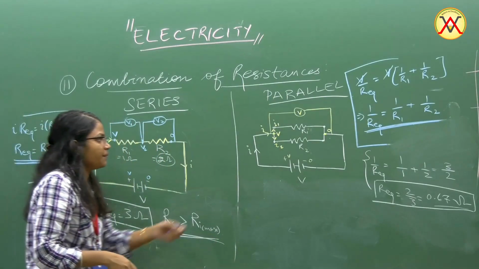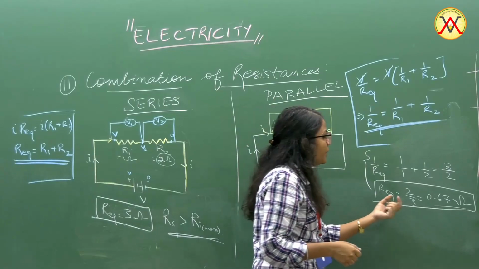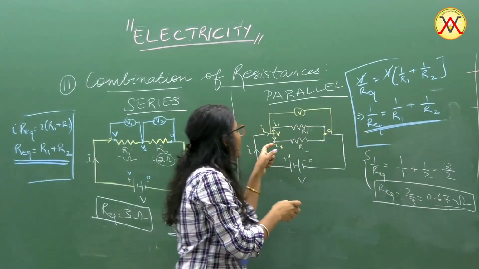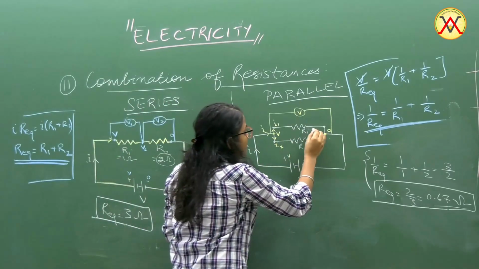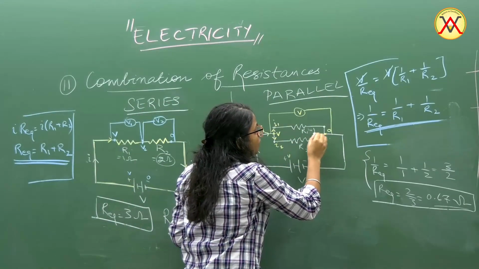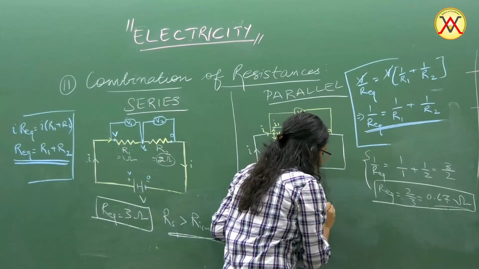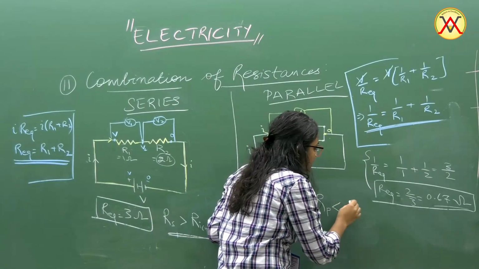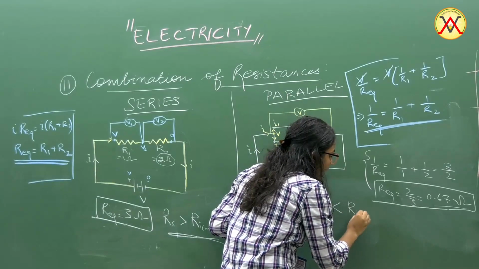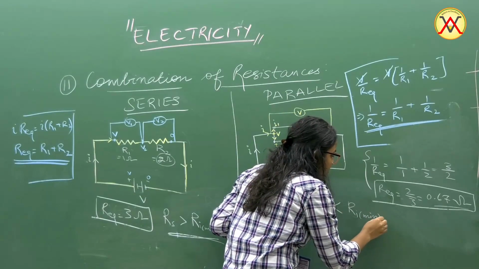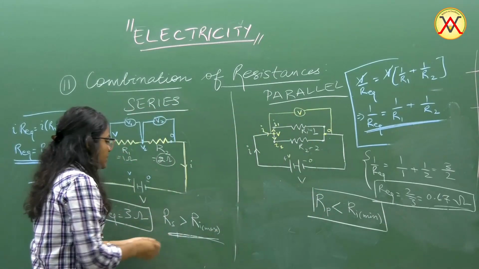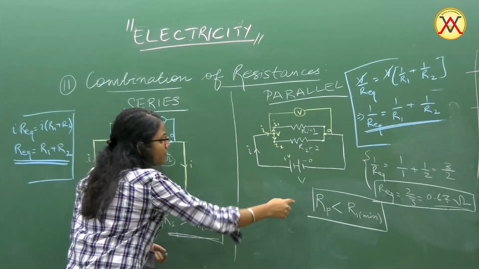This is always there. In parallel combination, R equivalent equals 0.67, which is even less than our minimum resistance. This was 1 ohm, this was 2 ohm, right? So in parallel combination, our R equivalent is less than the individual minimum resistance. This is our first conclusion.